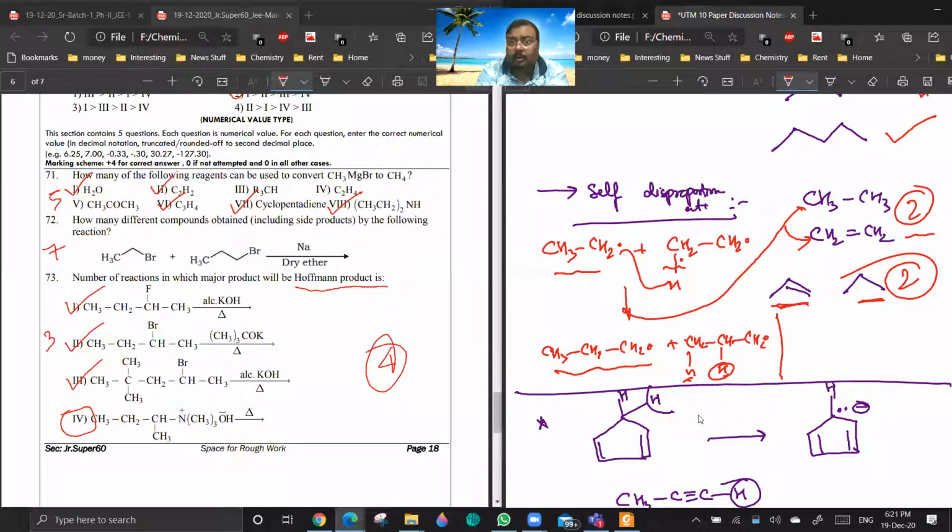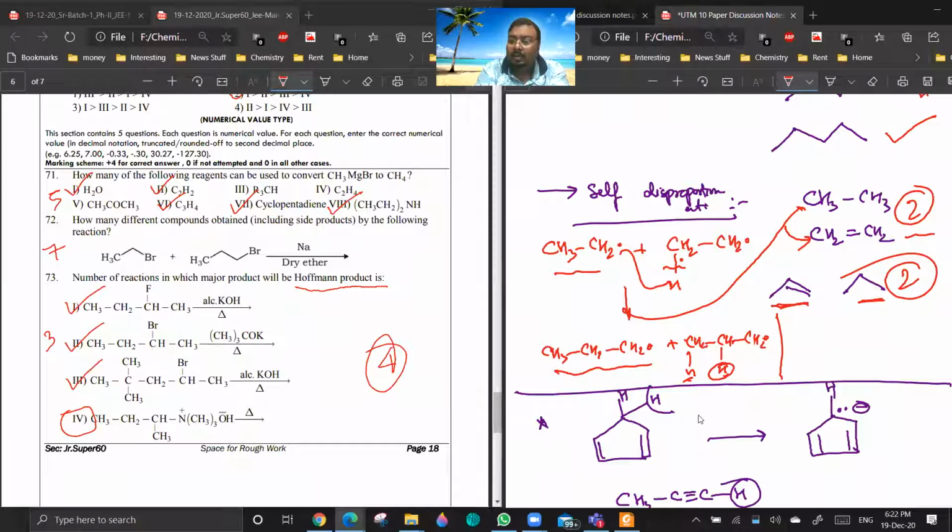Sir, why should we not consider cyclopropane? Generally it is unstable, so that is why. Because if you start including that, it will open a door to a lot of other products also.